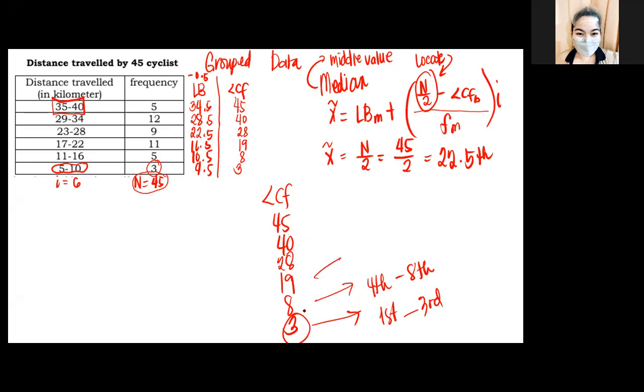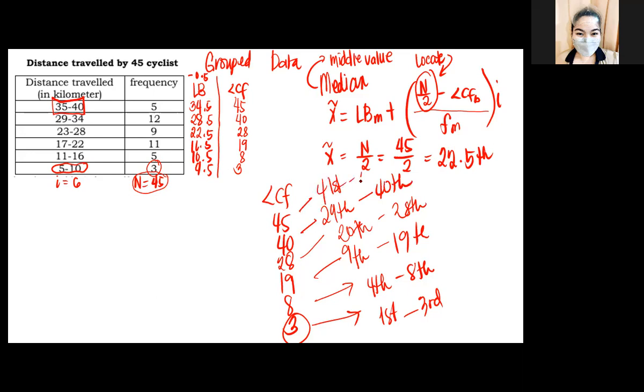Si 19, that's the ninth data up to the 19th data. So 28, 20th to 28th data. Si 40, we have there 29th data hanggang 40th data. And si 45, 41st data up to the 45th data.